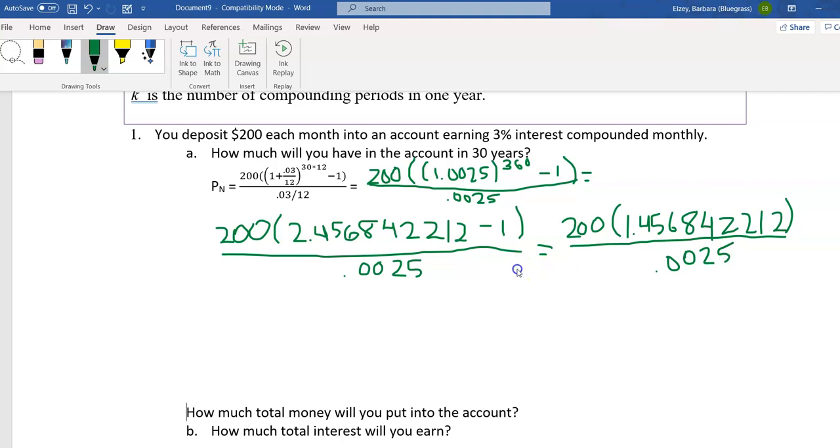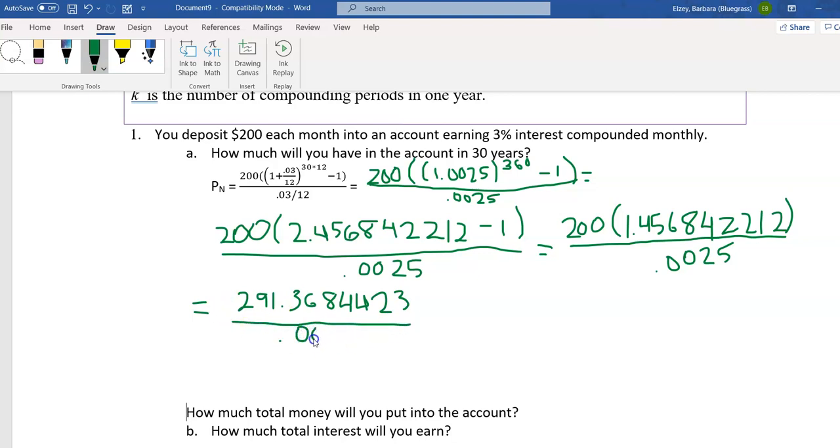So I'll do the 200 times the 1.4568 and so on. That gives me 291.3684423, divided by the bottom.